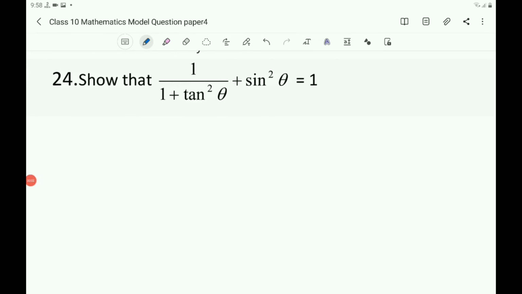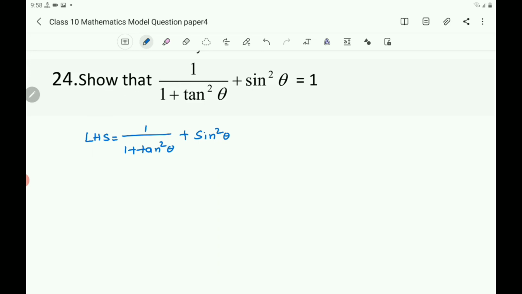24th question. It is the last 2 marks question. What you have to show here? We have to show that 1 by 1 plus tan square theta plus sine square theta equals 1. Now you write the left hand side, that is 1 by 1 plus tan square theta plus sine square theta.